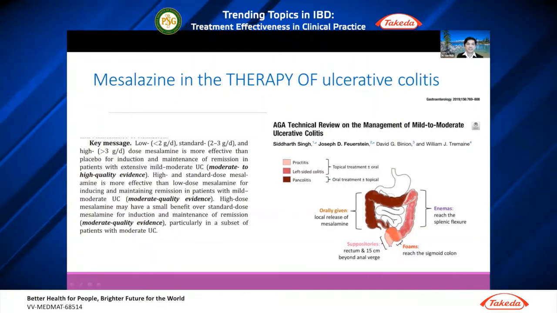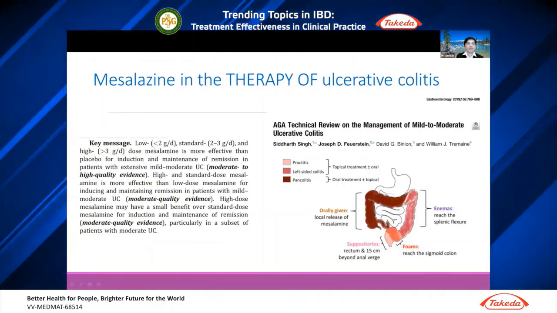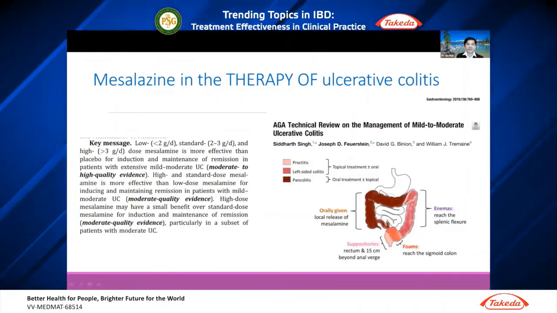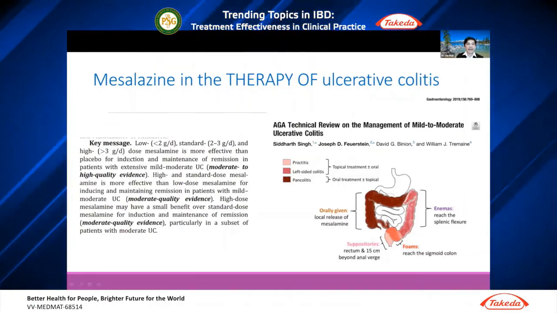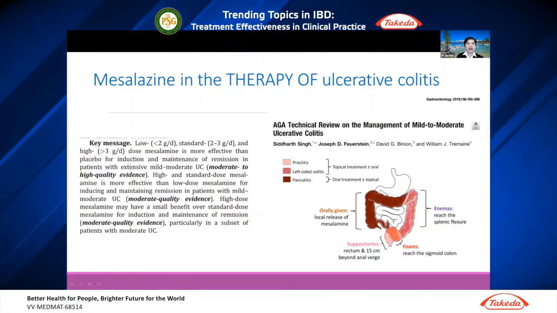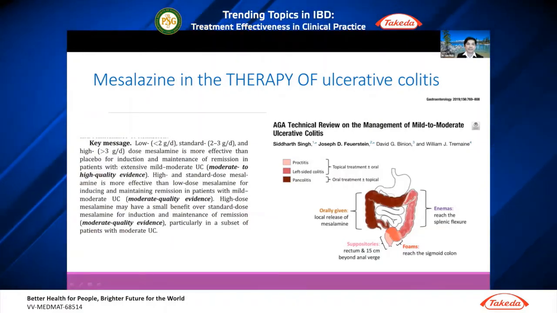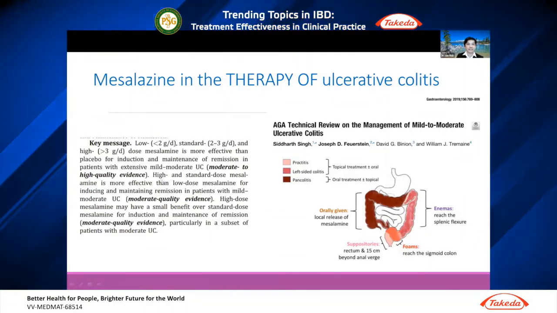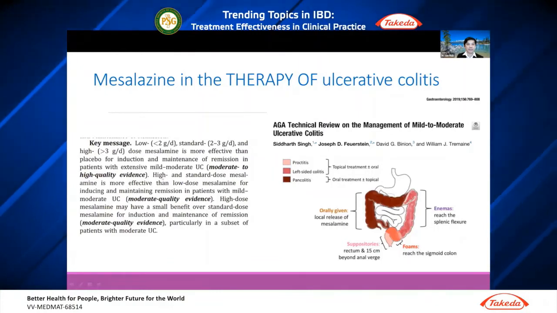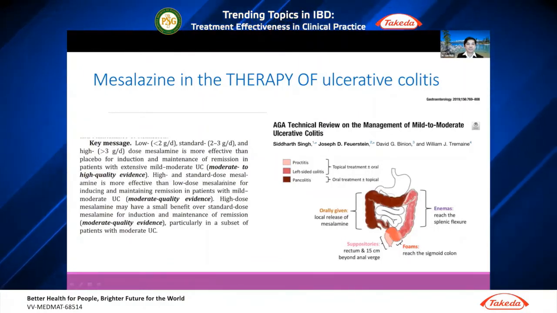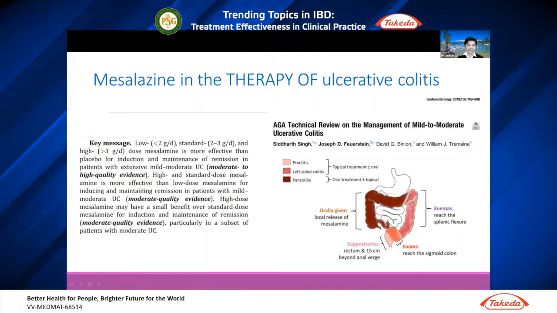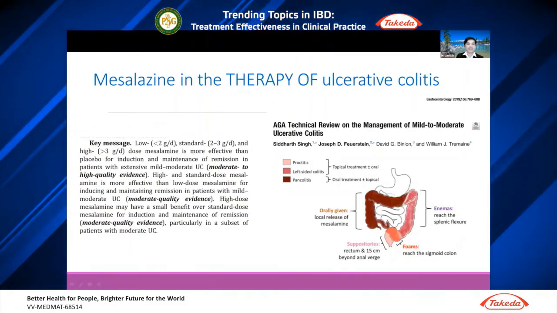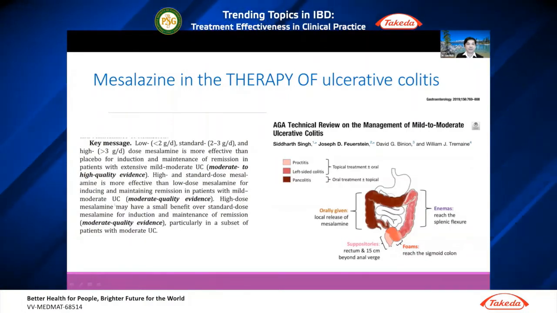So the key messages here are all types of doses, whether the low dose, which is less than 2 grams, standard dose is 2 to 3 grams, and high dose is greater than 3 grams, are more effective than placebo. But what you have to remember is the high dose, which is greater than 3 grams, and the standard dose, which is 2 to 3 grams, are more effective than low dose mesalamine for inducing and maintaining remission in patients with mild to moderate UC.